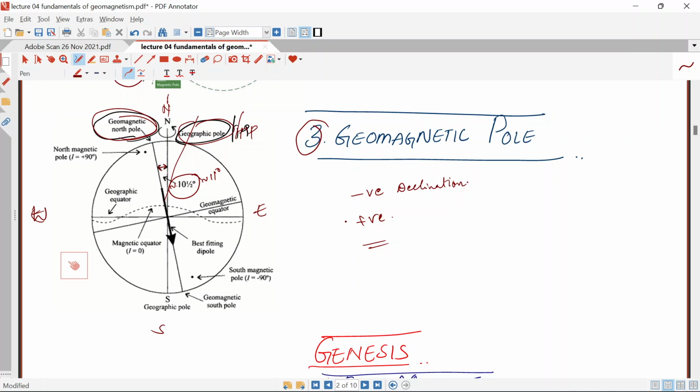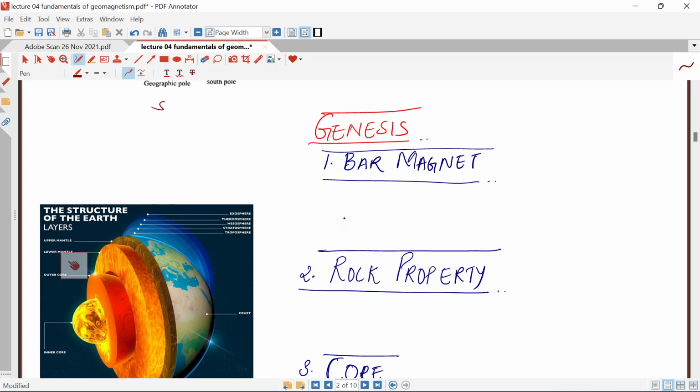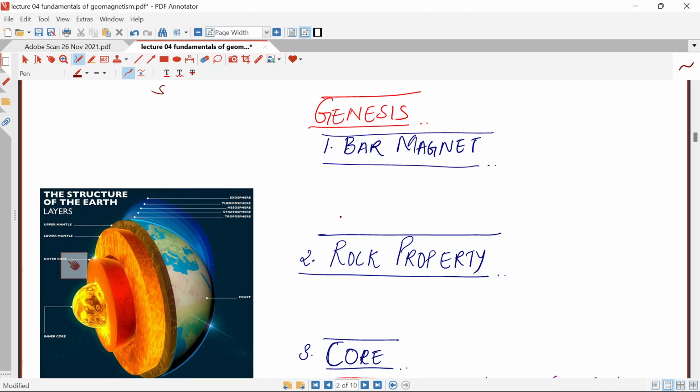And then let's see where Earth magnetism started, and what the theories involved in magnetism are. The first and the oldest theory given by scientists was that the earth has a kind of bar magnet, consisting of a north pole and south pole, embedded in the interior of the earth.